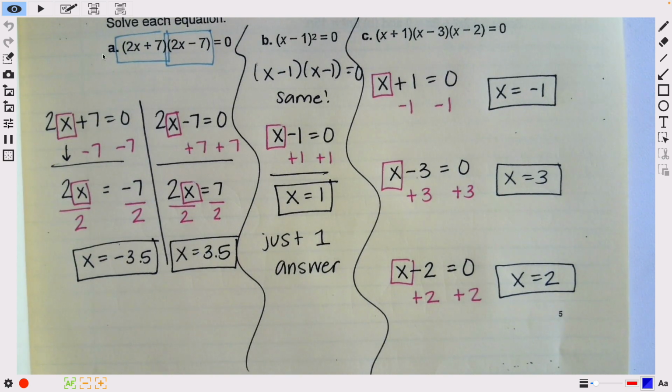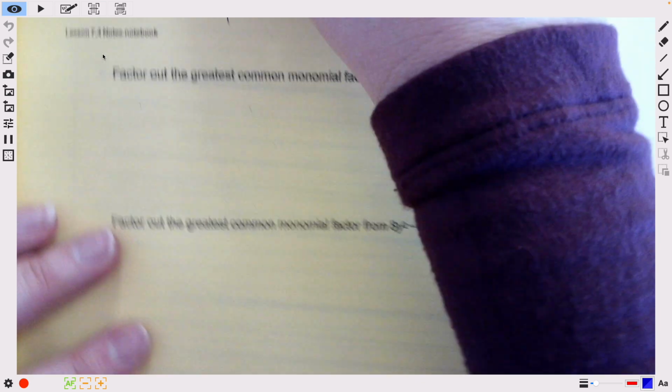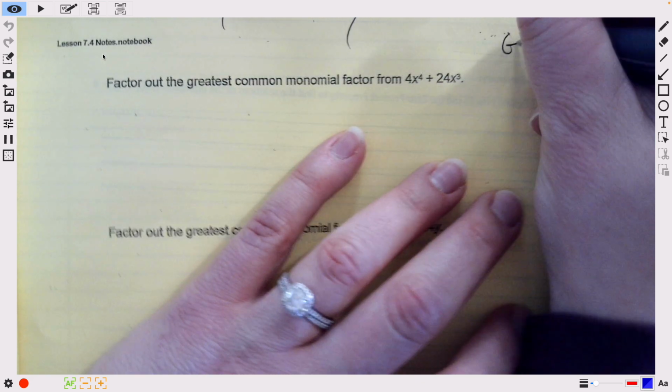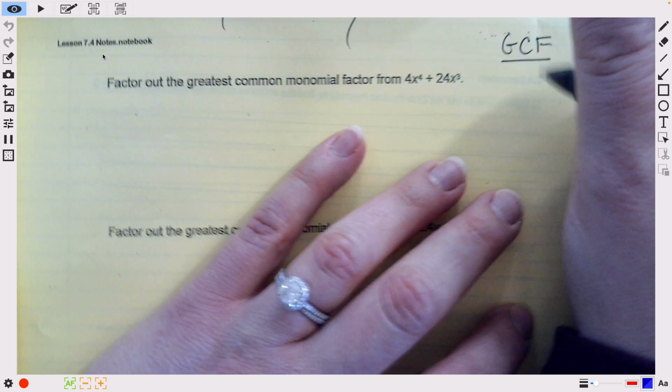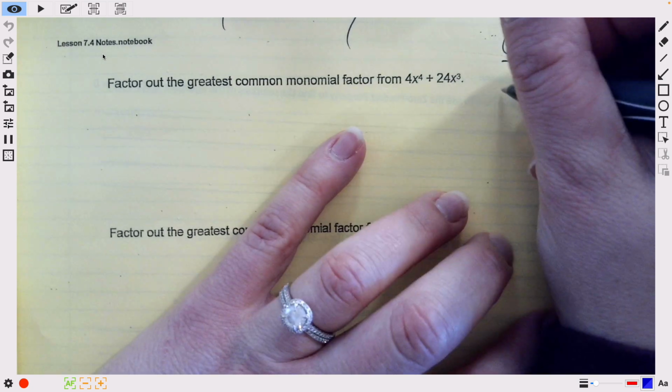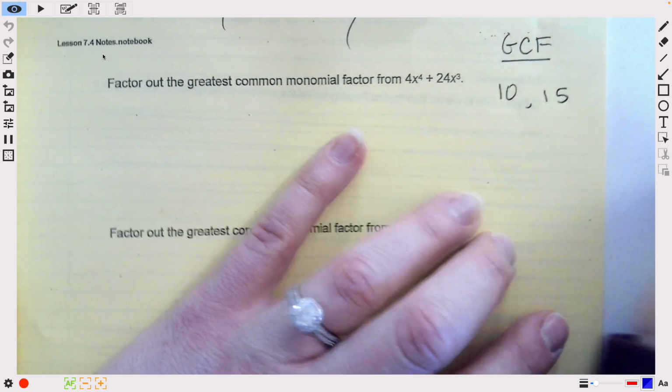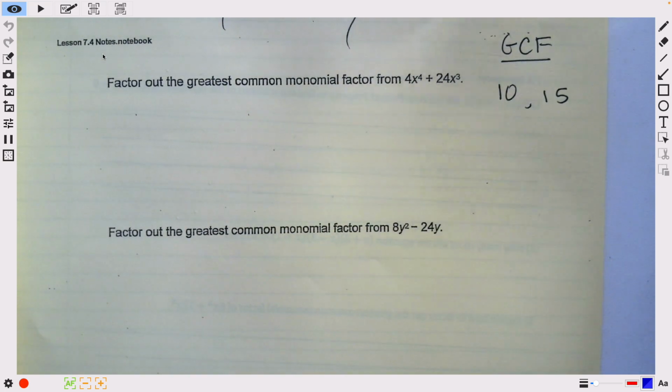Okay, so then the last part of today is this concept of greatest common factor. I do feel like we do pretty well with greatest common factor with numbers. So if I asked you guys, what's the greatest common factor, for example, of 10 and 15? Just because I know some of us are coming from places that don't know what greatest common factor is, this is how I describe it.